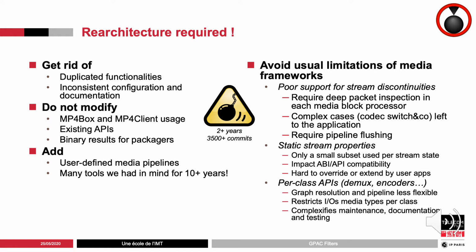So that simplifies the development, but at the same time it restricts the flexibility of the media pipeline, and most of the time you hand back to the application part of the graph resolution, which is kind of a problem. So those are the limitations we wanted to avoid.